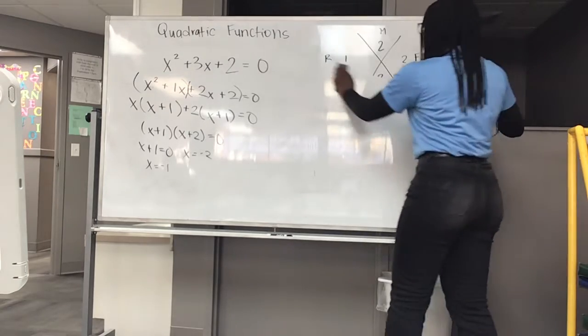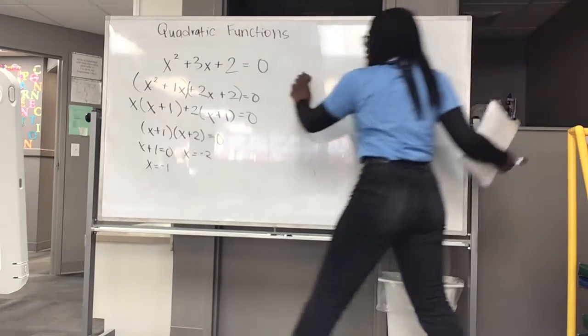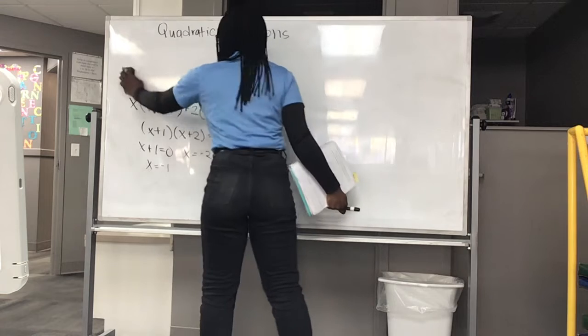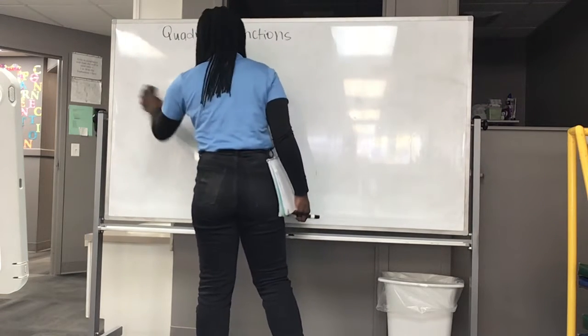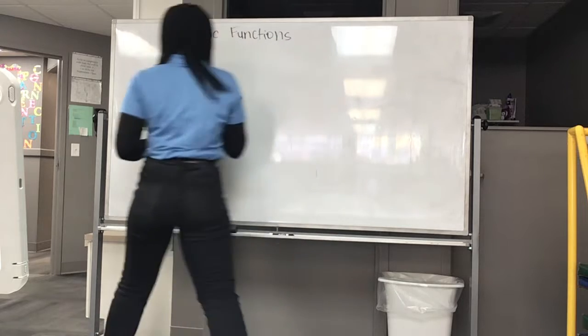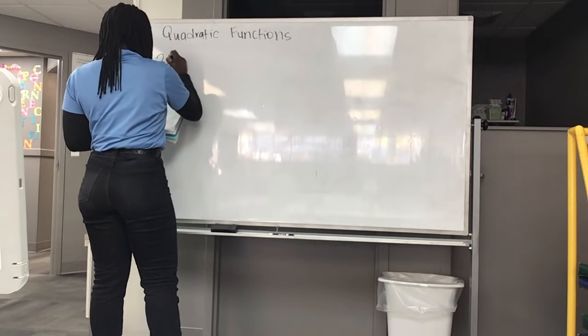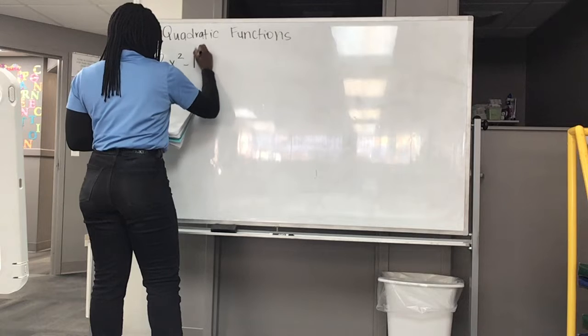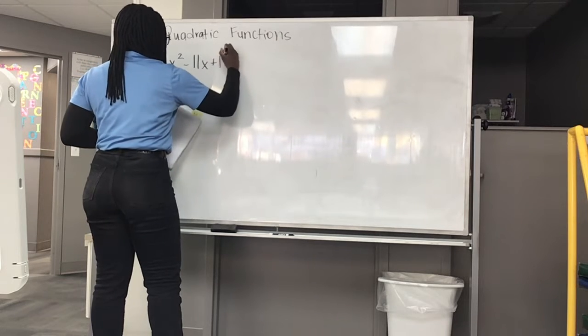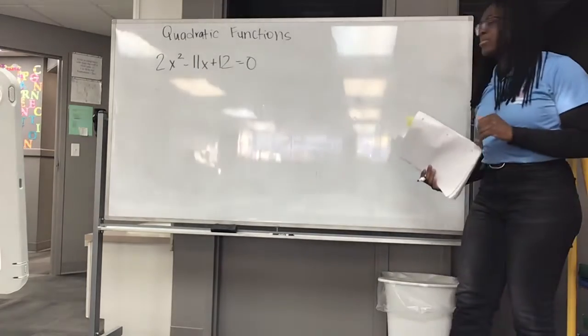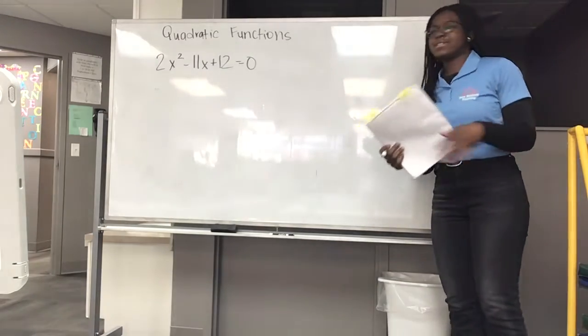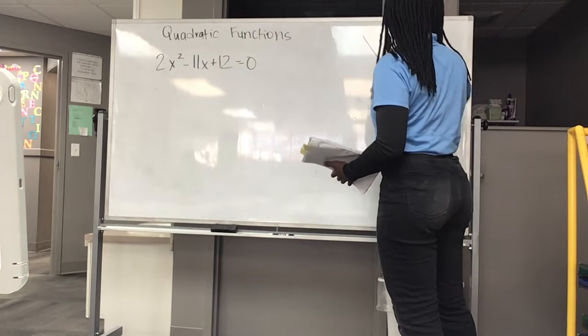Okay. So next we're going to try one where the number in front of our x squared isn't a 1. So if I give you 2x squared minus 11x plus 12 equals 0, it's still the same steps. We're going to mark.